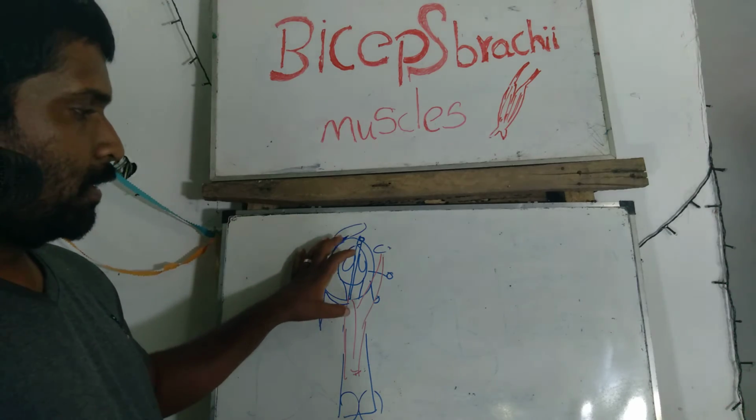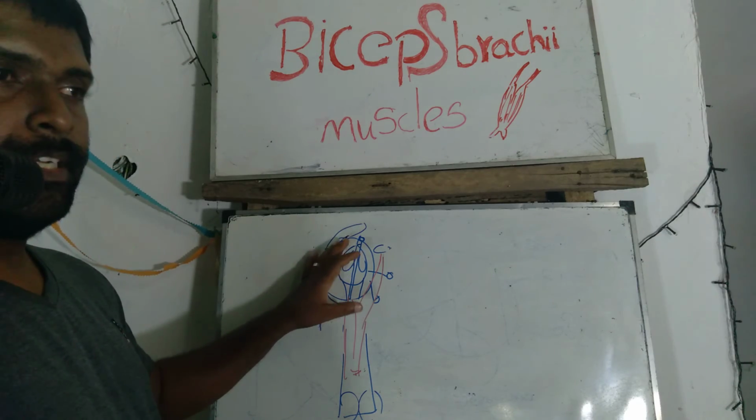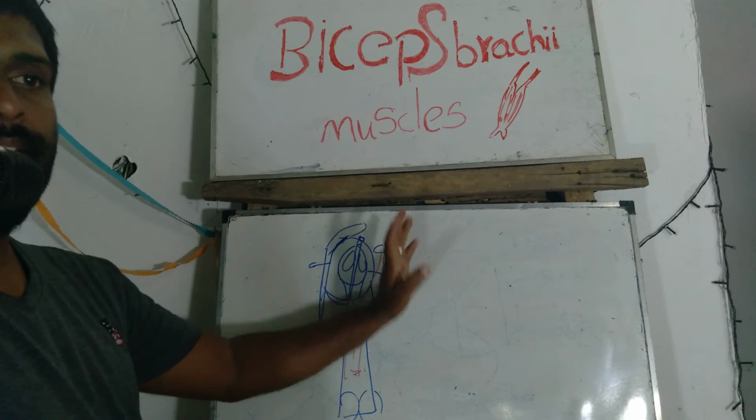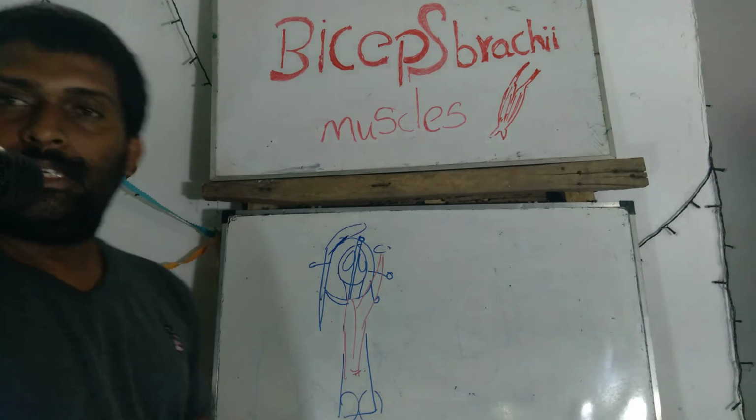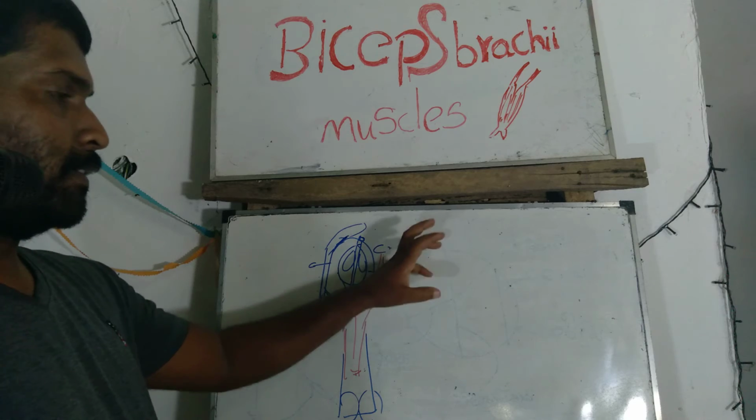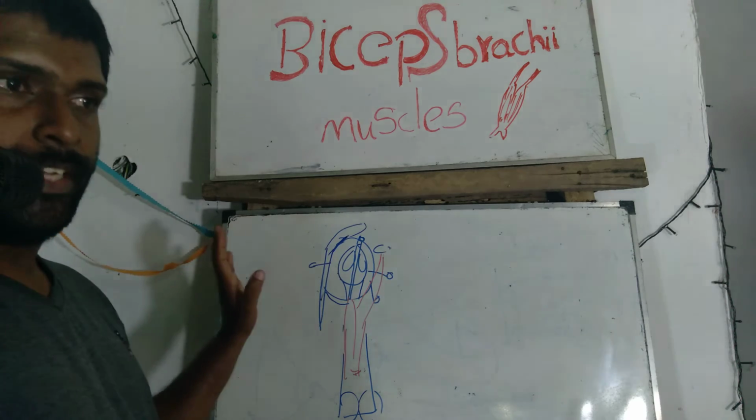The humerus head can be dislocated anteriorly and downward, or the humerus head can be dislocated posteriorly.